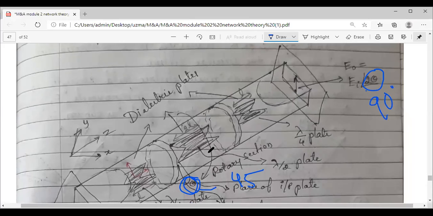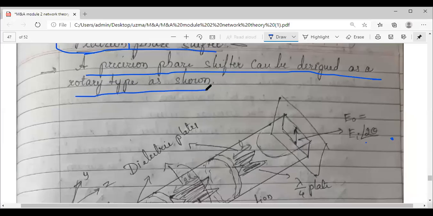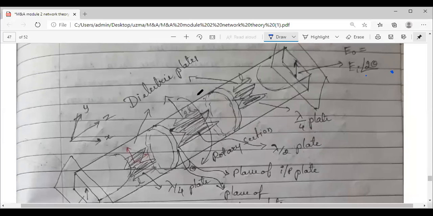So precision phase shifter is what? The desired quantity of the phase shift we can achieve by making use of this particular phase shifter. Let us see the structure first. A precision phase shifter can be designed as a rotary type as shown. Look at the figure.